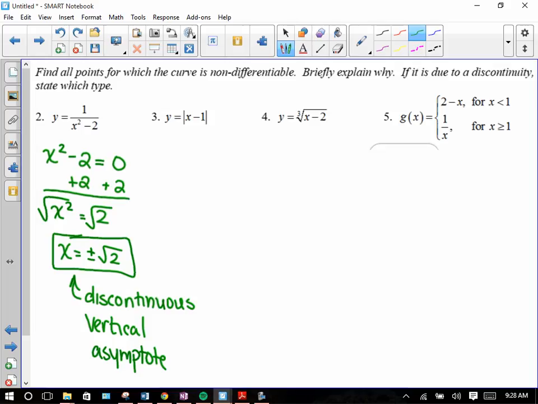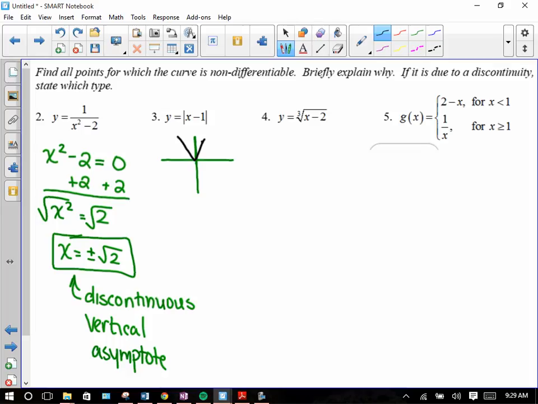No, not those lines. If you just have y equals absolute value of x, it is going to look like that.